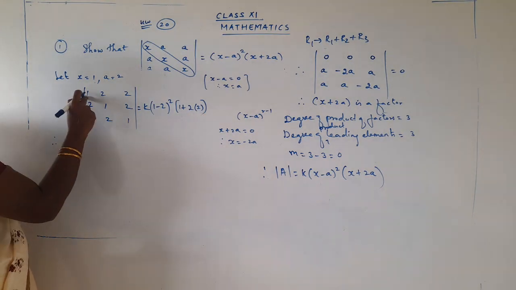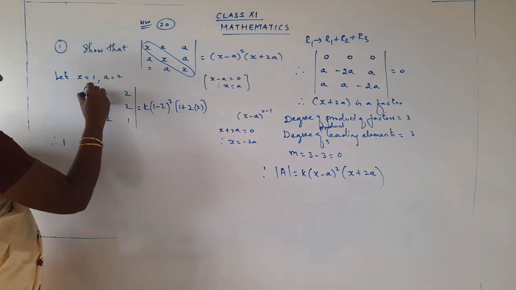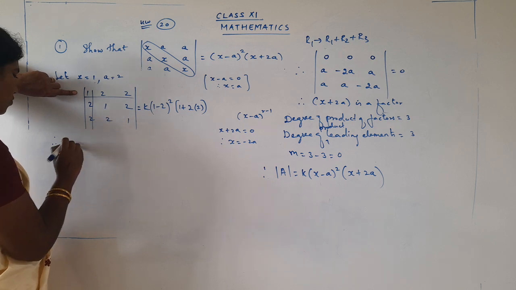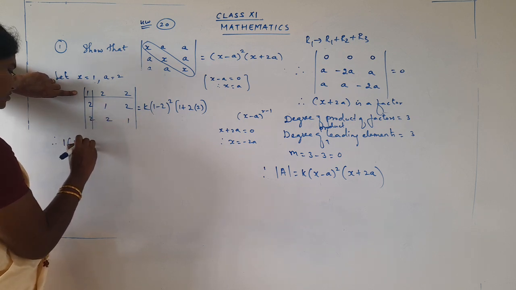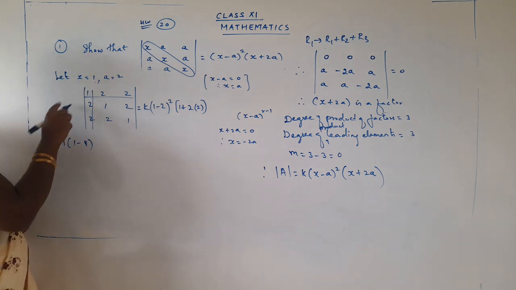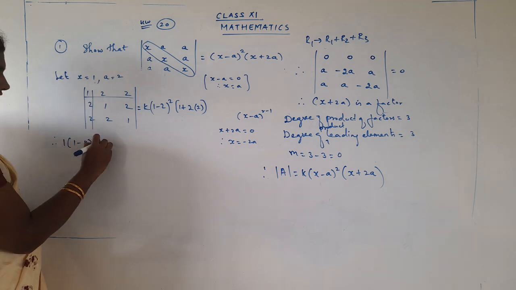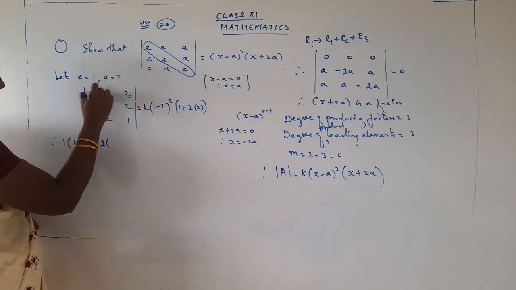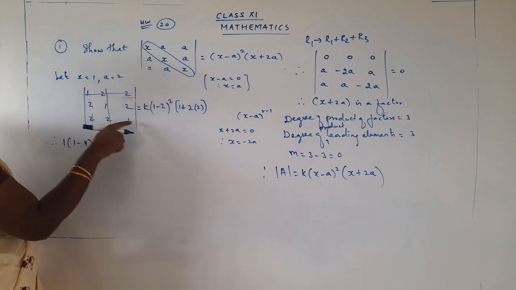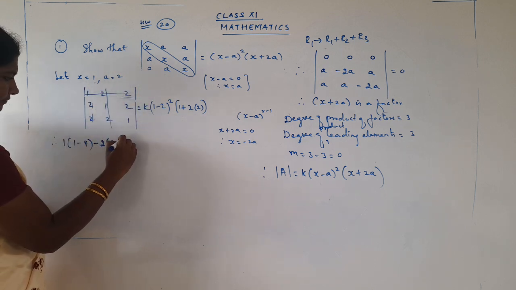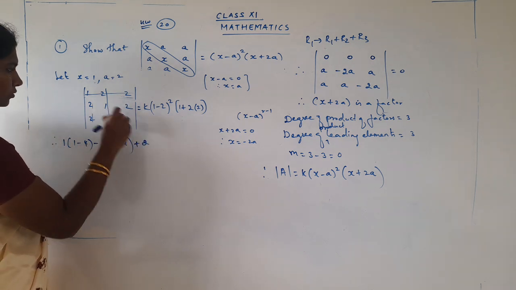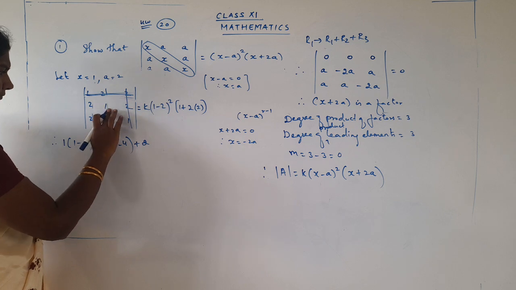So how to expand? You know, take the first element, neglect the first row and the first column. So I get 1 ones are 1, 2 twos are 4. So 1 minus 4. This is positive, then I have to take negative. Neglect the row and the column. So 2 minus 4. Plus minus plus 2, neglect the row and the column.